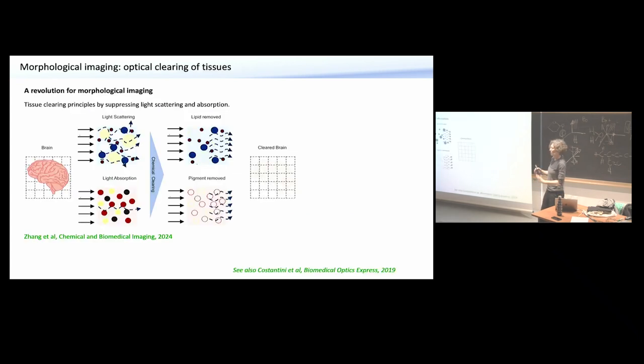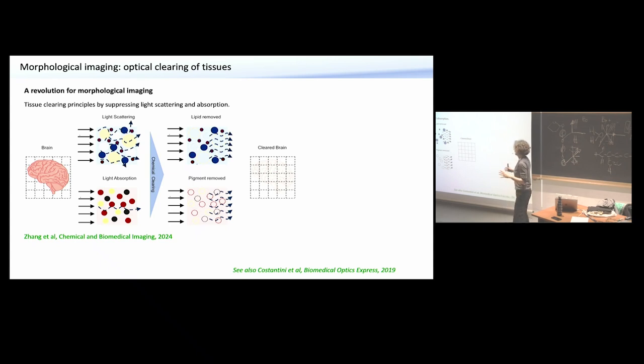Then I just want to say briefly, at about the same time, in the years 2010, there was an explosion of new techniques to clear the brain. Again, it's mostly used for brains that are not in vivo. The idea is to remove the scatterers and the pigments that create absorption, and make the brain clear.